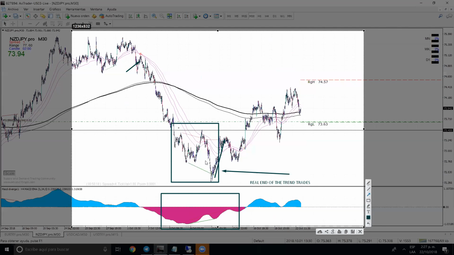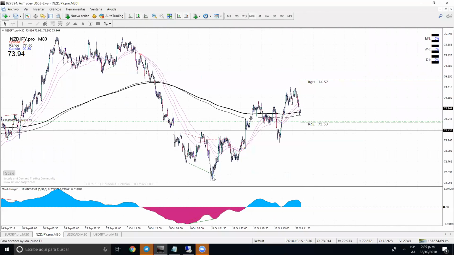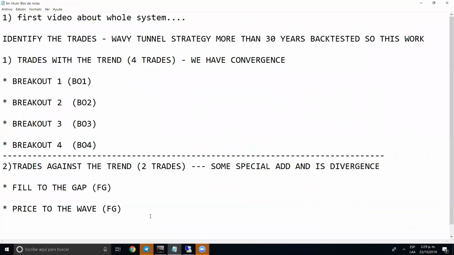The trend is over, real divergence, the market changes the direction, okay? So we change the direction and we can trade here. All of these trades have a special setup, okay?